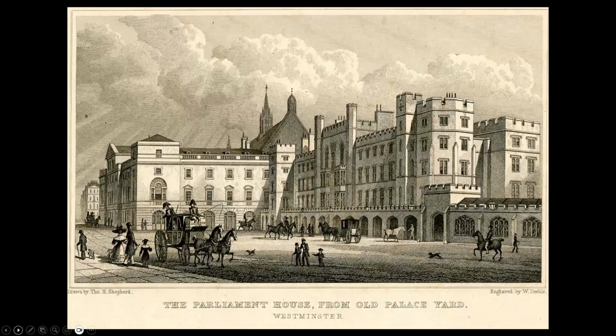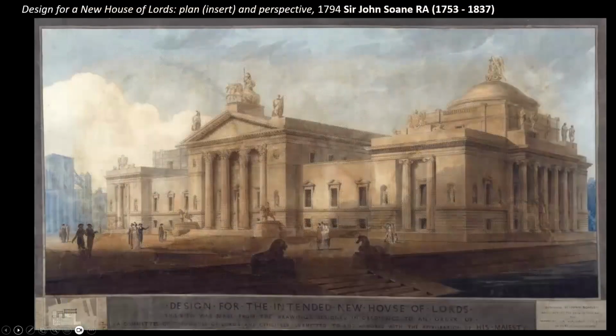So not surprisingly, there were quite a lot of debates about pulling down the Palace of Westminster and putting up something new and far more splendid. So here is the design for a new House of Lords proposed by Sir John Soane. Now, as you can see, this is a splendid affair in the neoclassical style.